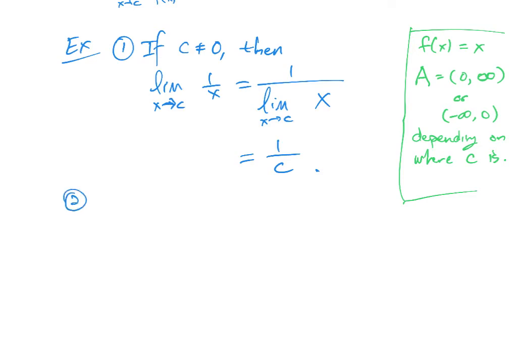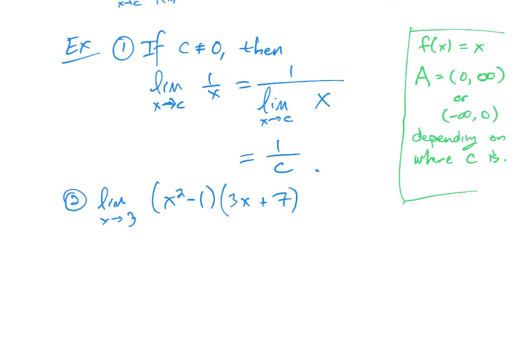Two. Let's just compute some limits. The limit as x goes to 3 of x squared minus 1 times 3x plus 7. Now, think about if you were going to try and use the definition here.